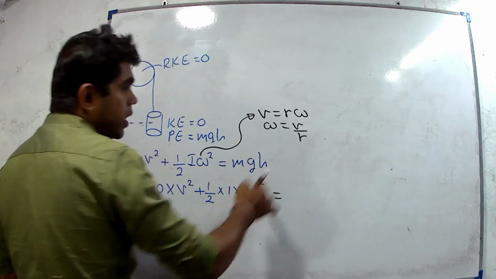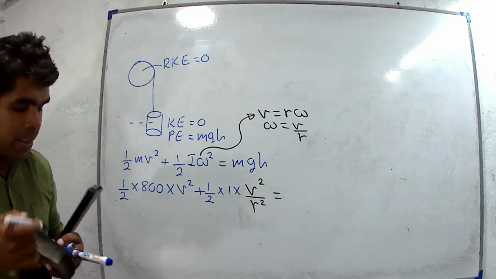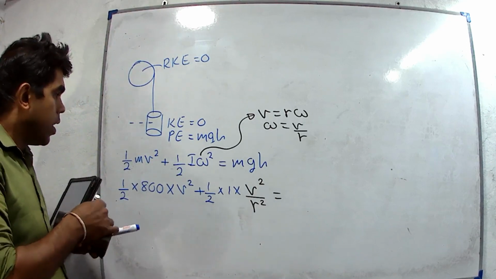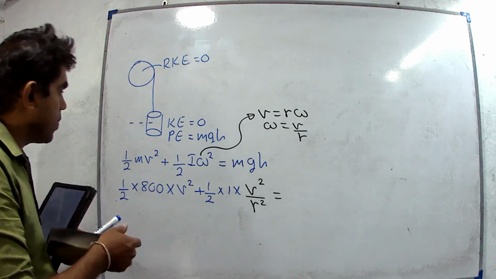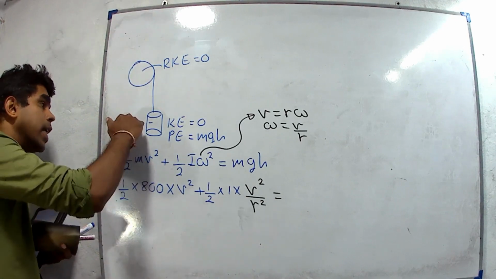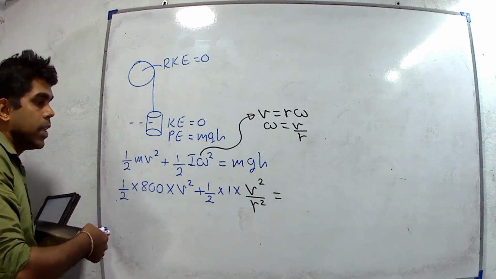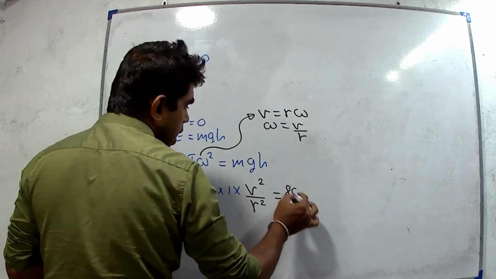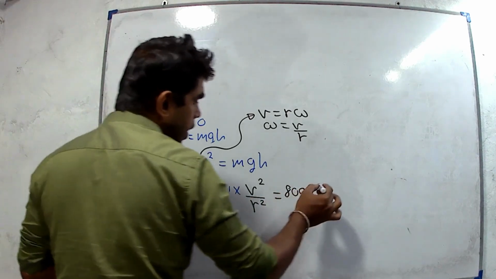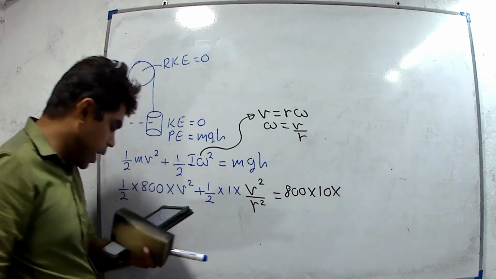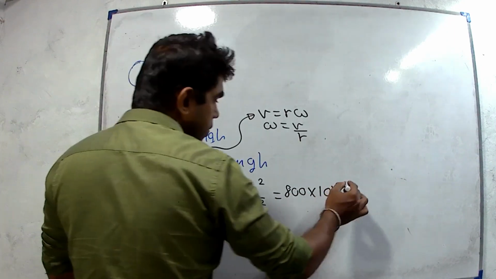equals mgh. mgh means the potential energy decrease. There is a decrease of potential energy only for the cylinder. Then we have to substitute the mass 800 kilograms, g 10, and the height given as 45 divided by 8.